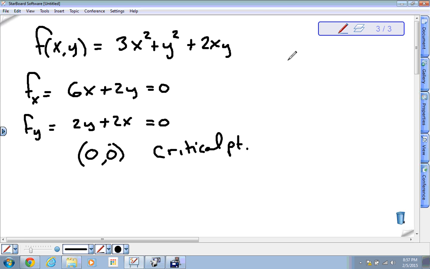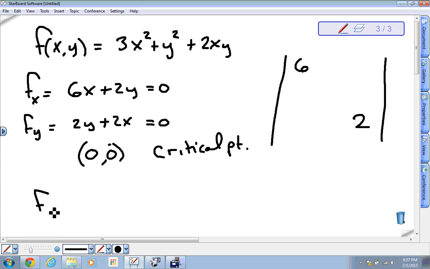Okay? Now, to set up the determinant, we need the second partial. So here's the first partial. We need to take the derivative of this again with respect to x, which gives us, of course, a 6. I'm going to take the derivative of this guy with respect to y. Now that's a 2.